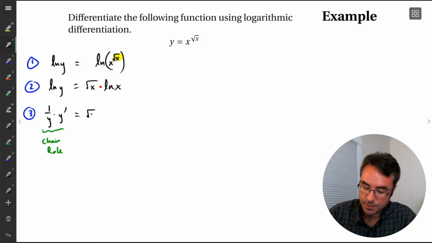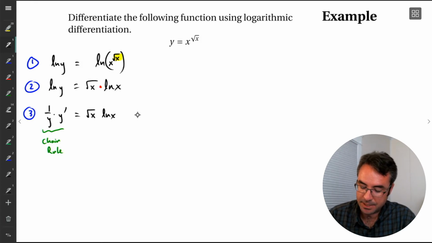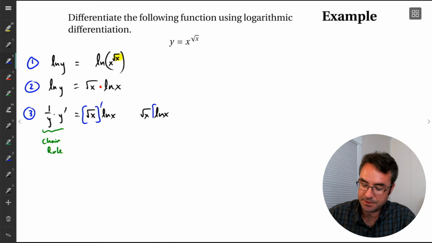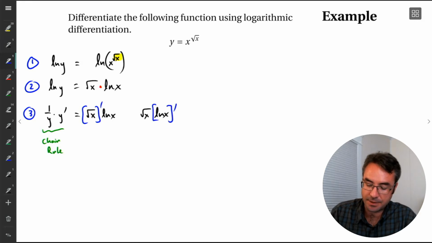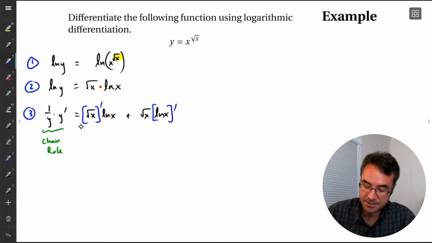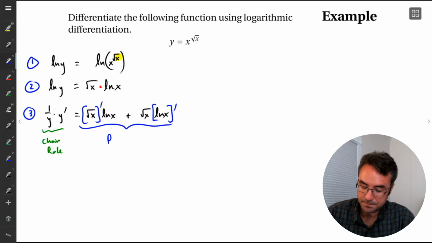So we're going to have square root x times natural log x. Let's write down 2 copies of our product. In the first copy, we apply the derivative to the first part. In the second copy, we apply the derivative to the second part. And then we put a plus sign there in the middle. And this is our product rule.